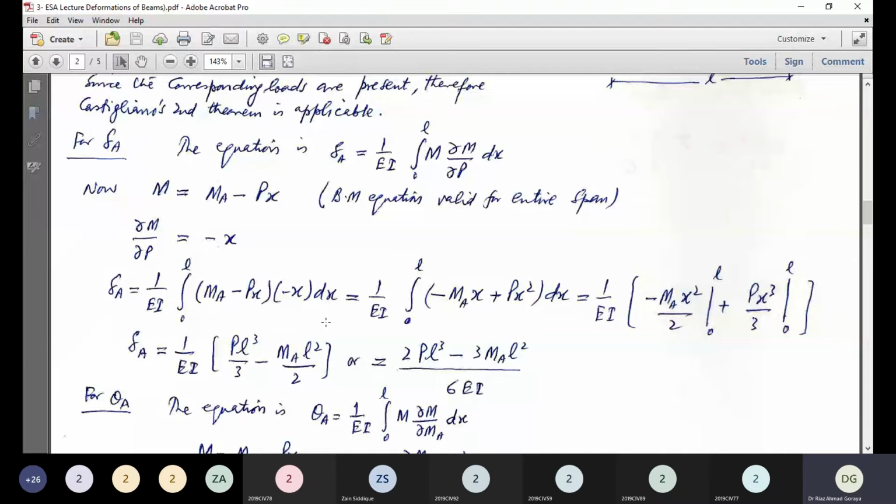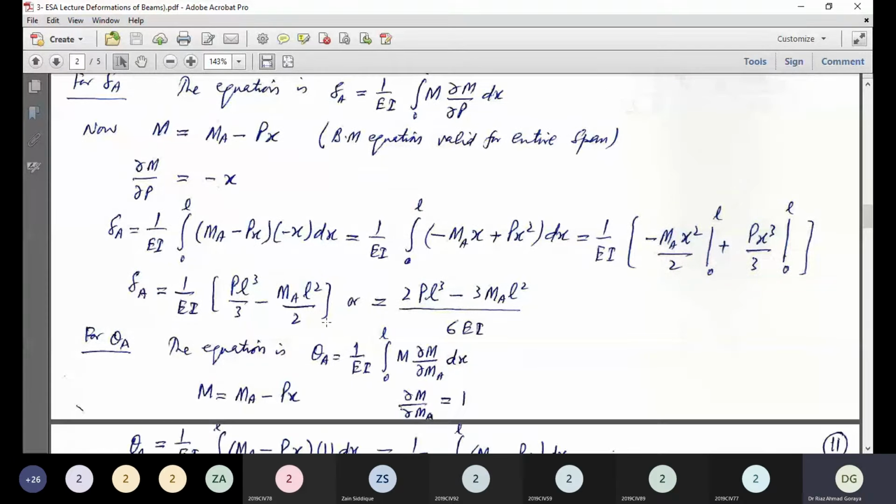It is mathematics, the rest is not engineering. And upon simplification of this integral, you will come either in this form or 2PL cube minus 3MAL square over 6EI.